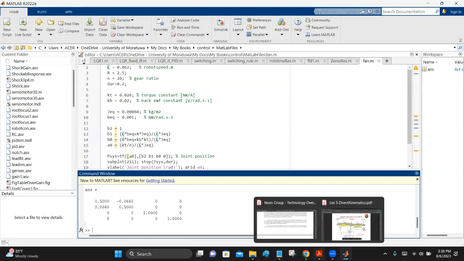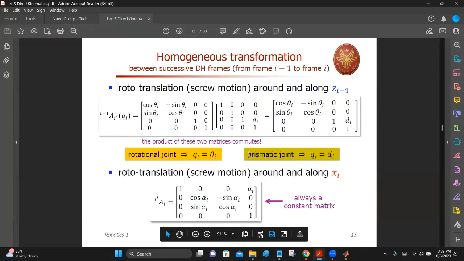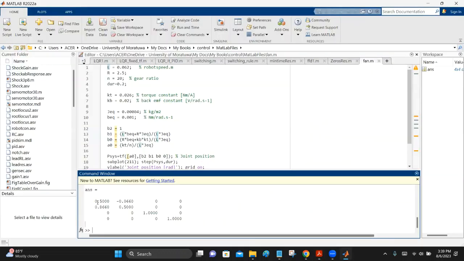This is in fact the first matrix here. You can see cos theta, sine theta, minus sine theta, cos theta, and this structure. Can you see that?